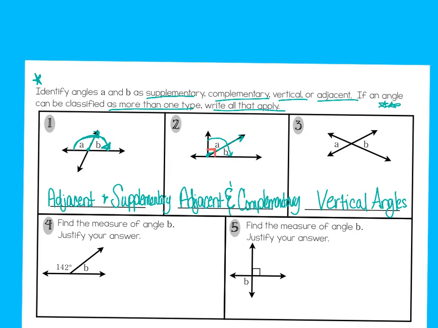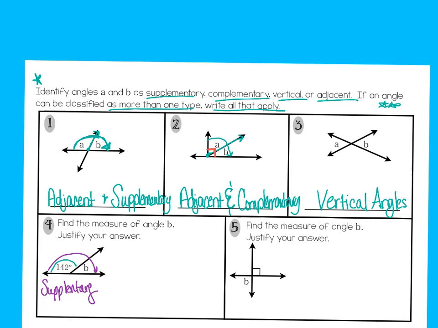Okay, number 4, it says find the measure of angle B. So, first off, let's look at this angle and angle B and tell me how are they related, or what type of angles do they form. They form a straight line, which means that they are supplementary.